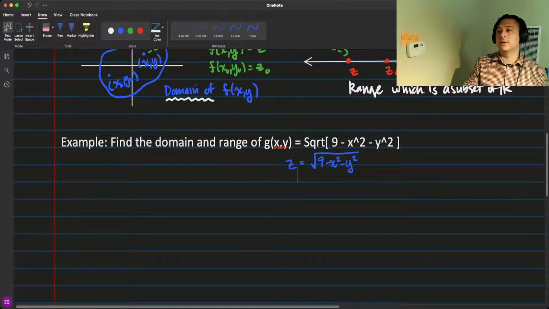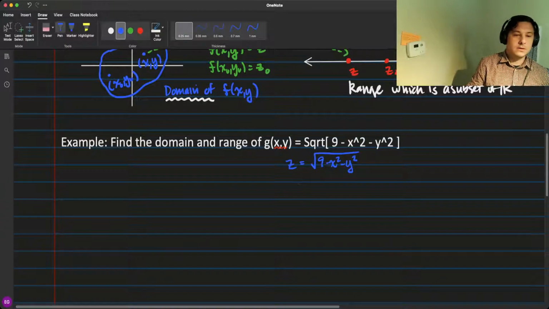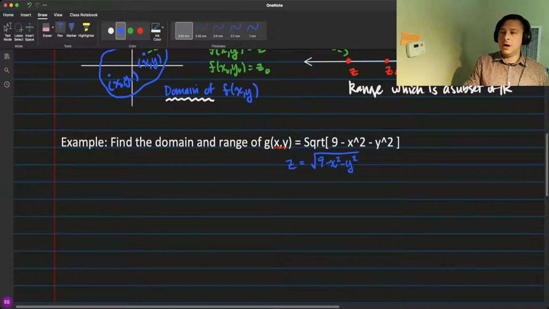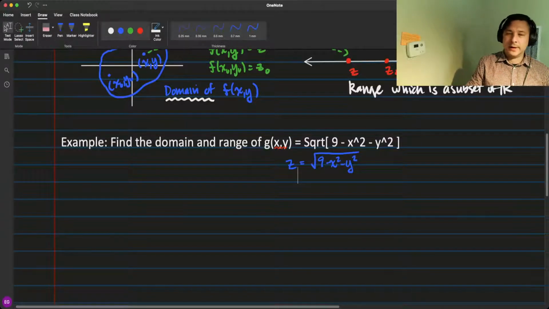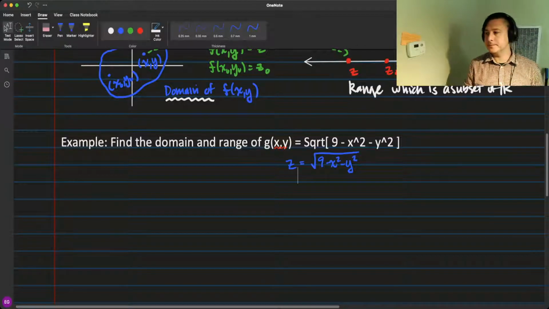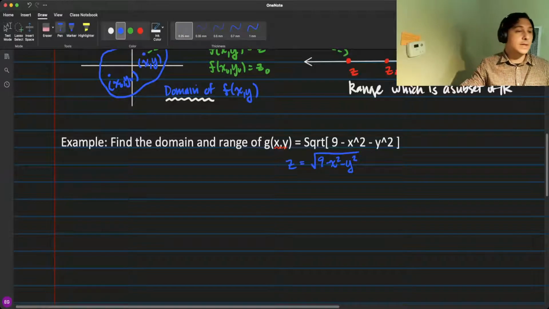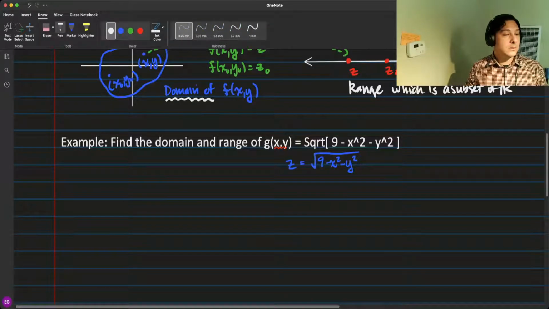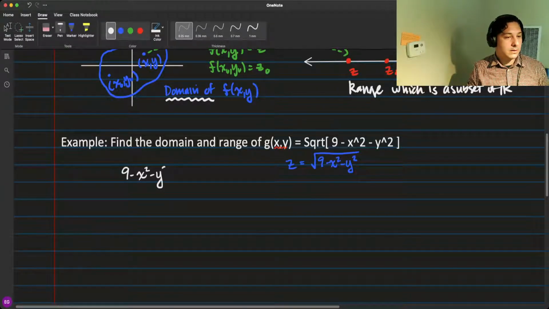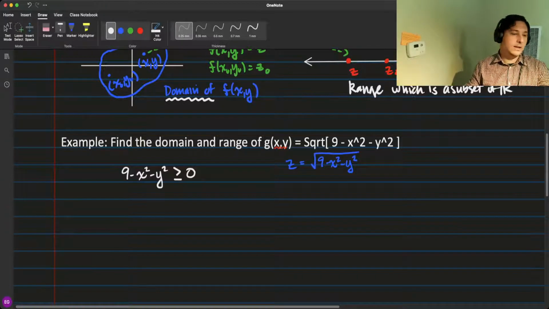How does the square root work? What are you not allowed to take the square root of? Negative numbers, right? So the thing that we're taking the square root of needs to be greater than or equal to 0. If it's negative, it's not in the domain.